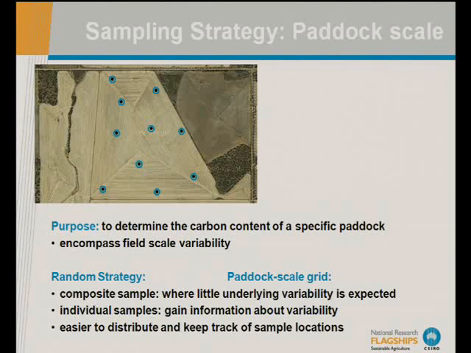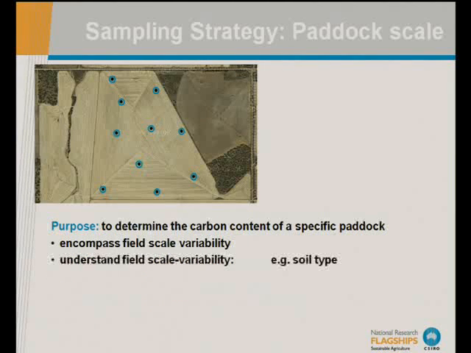So I guess the example that's up there is an image that's grabbed from the sand plains in WA. And again, we've got this probably fairly uniform paddock. And I guess that in some ways is fine, but if we have any sort of underlying variability in our soil across that paddock, then we might run into problems.